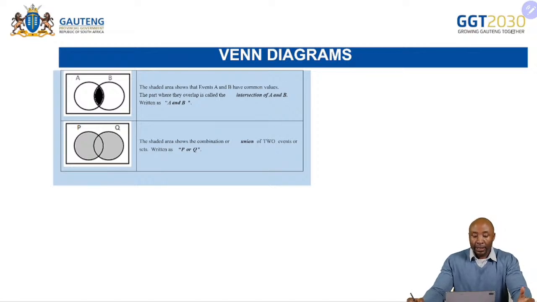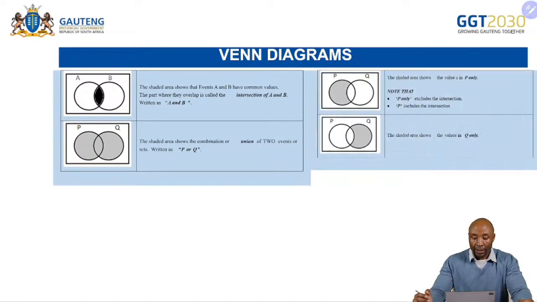And then if you look at the one underneath, we have two circles that are overlapping and they are shaded, meaning we want to look at all the outcomes that are covered under the shaded region, and we normally say it is the union of the two events, or we say it is P or Q. Everything that is under the shaded region covers what is there on both events. If you look at the next one, we only have one part which is shaded.